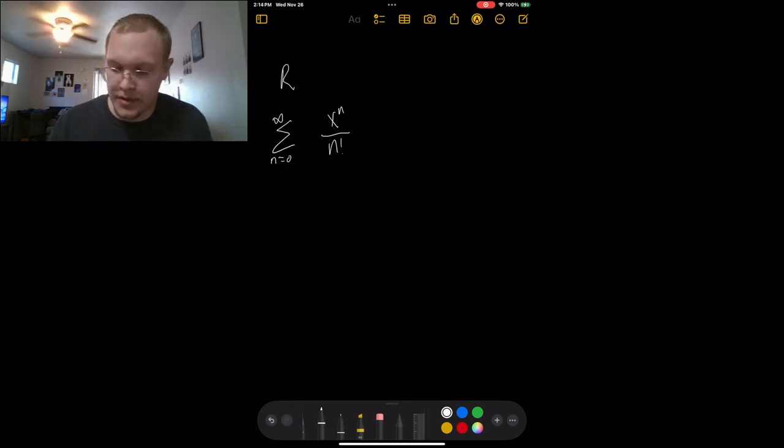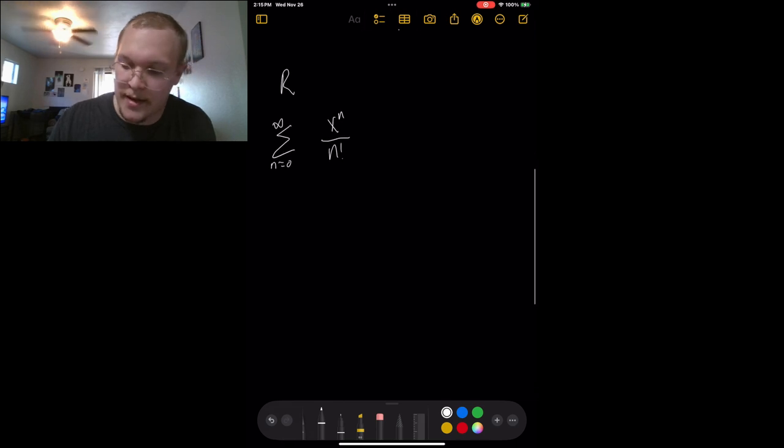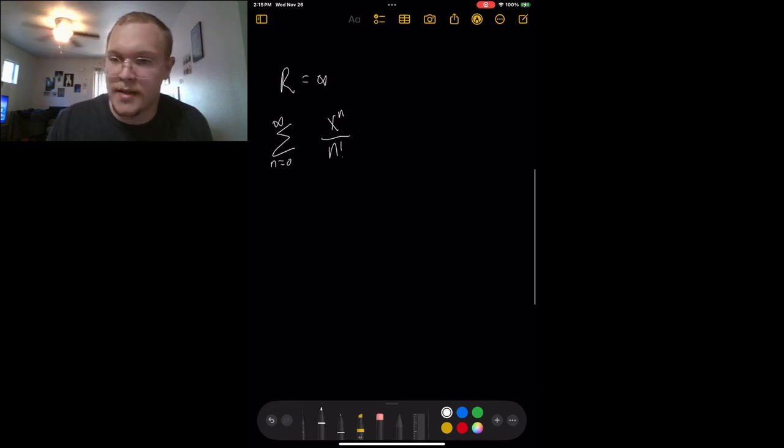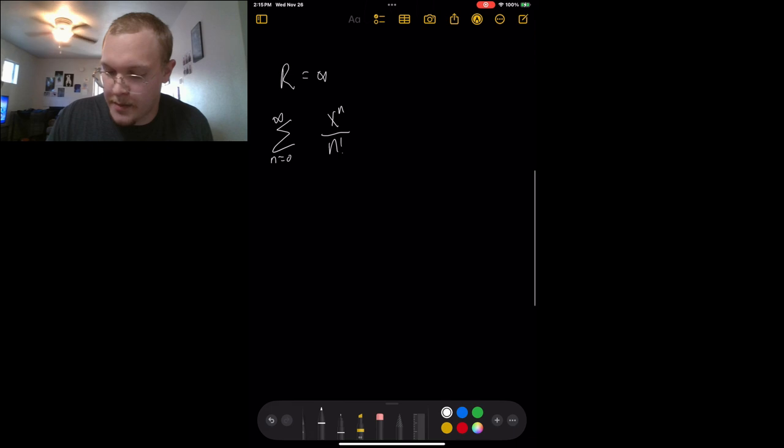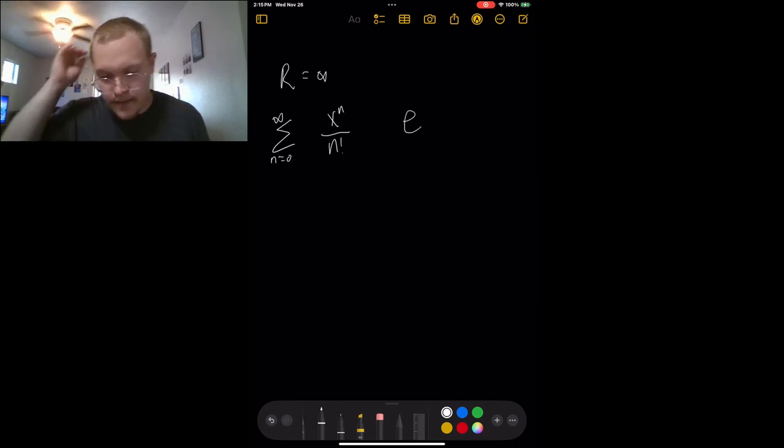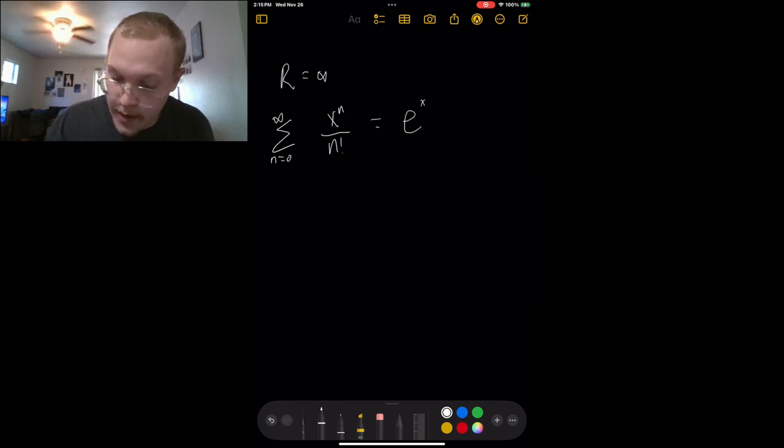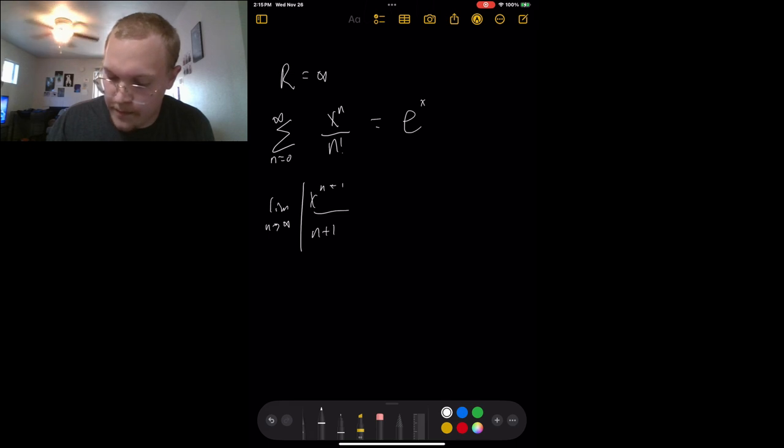For the second general scenario, we're going to have a radius of convergence that is infinite. With this one in particular, I chose the series that is representative of e to the x. We're going to take the ratio test of this one real quickly. So that's the limit as n approaches infinity of the absolute value of a sub n plus 1 over a sub n, which in this case is going to be the reciprocal of that.